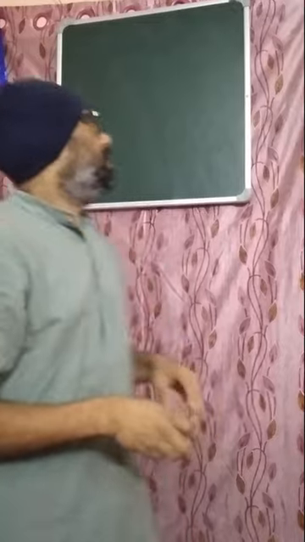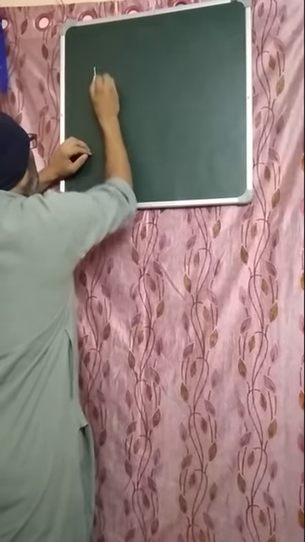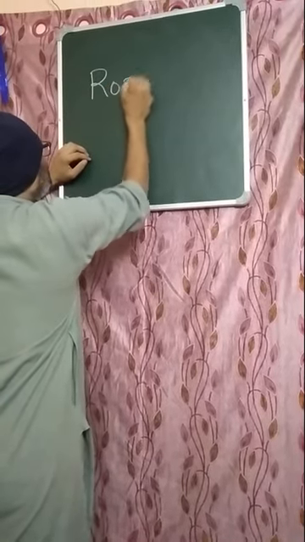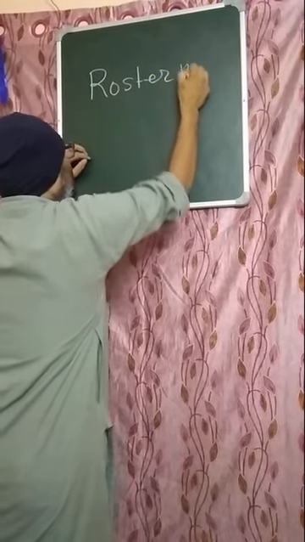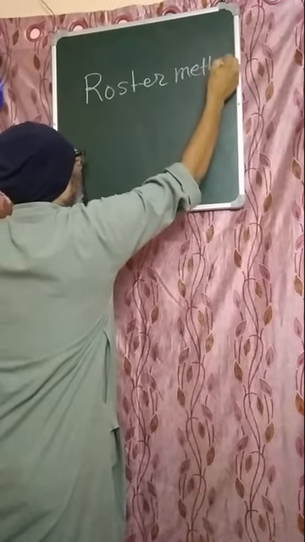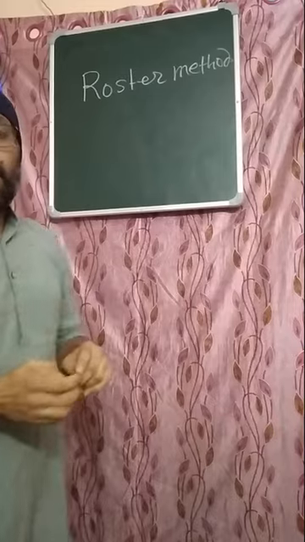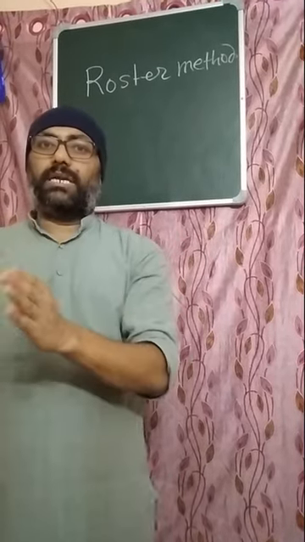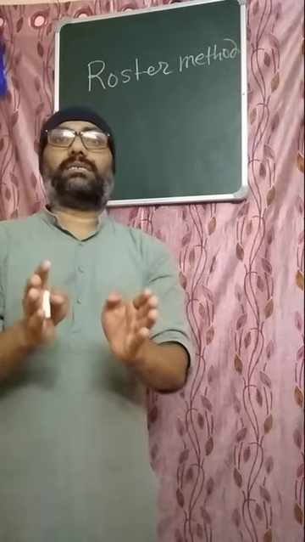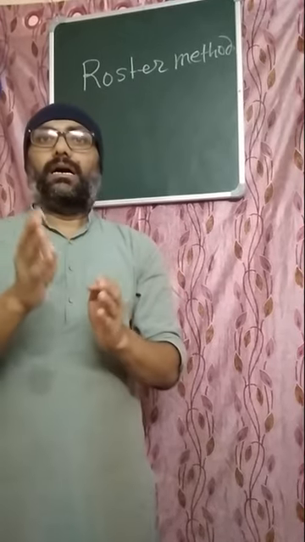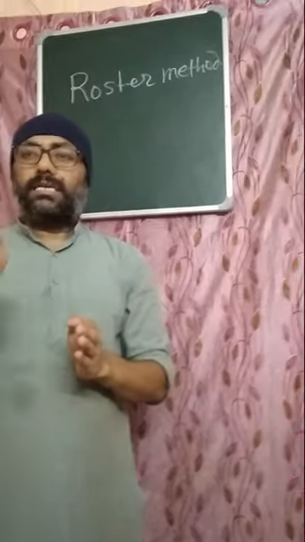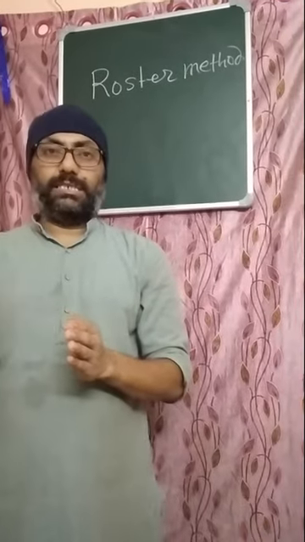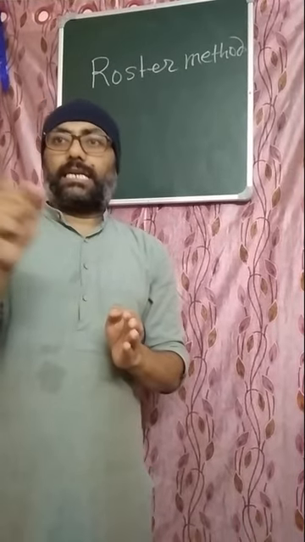So a set can be represented in two different ways. First is called roster method. What is roster method? In this method, all the elements or all the members of the set are written separately, distinctively, separated by commas.